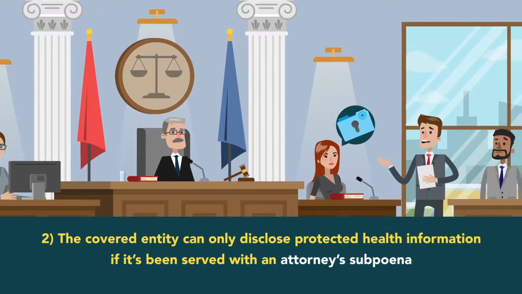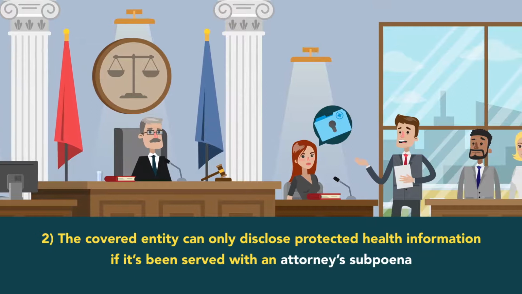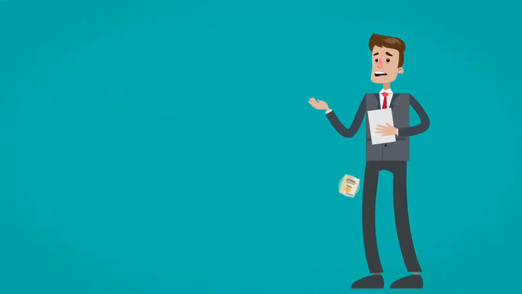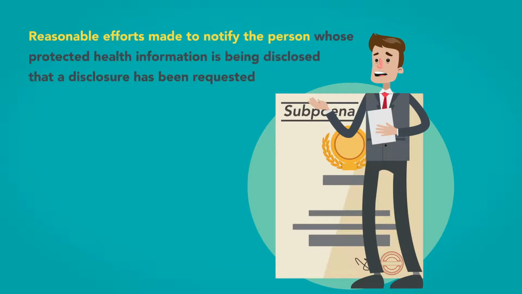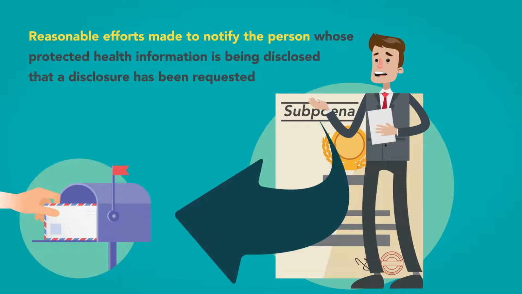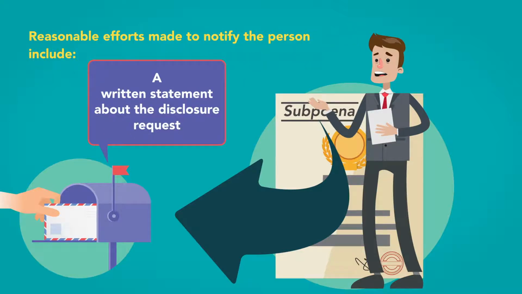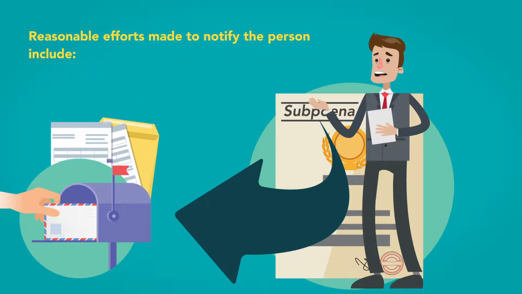Second, the covered entity can only disclose protected health information if it's been served with an attorney's subpoena and the attorney issuing the subpoena has made reasonable efforts to notify the person whose protected health information is being disclosed that she's requested a disclosure. Reasonable efforts include sending a written statement about the disclosure request and accompanying documentation with the case number, case name, and name of the court.